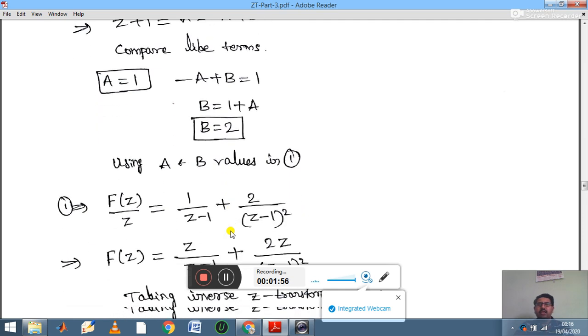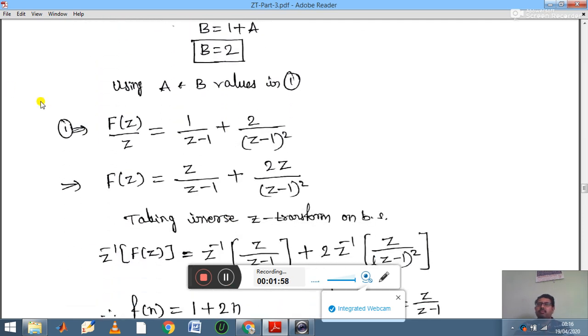Use A and B values in equation 1, therefore equation 1 becomes F of z by z is equal to 1 by z minus 1 plus 2 divided by z minus 1 whole square. And here z you send it to the RHS, it becomes F of z is equal to z by z minus 1 plus 2z by z minus 1 whole square.